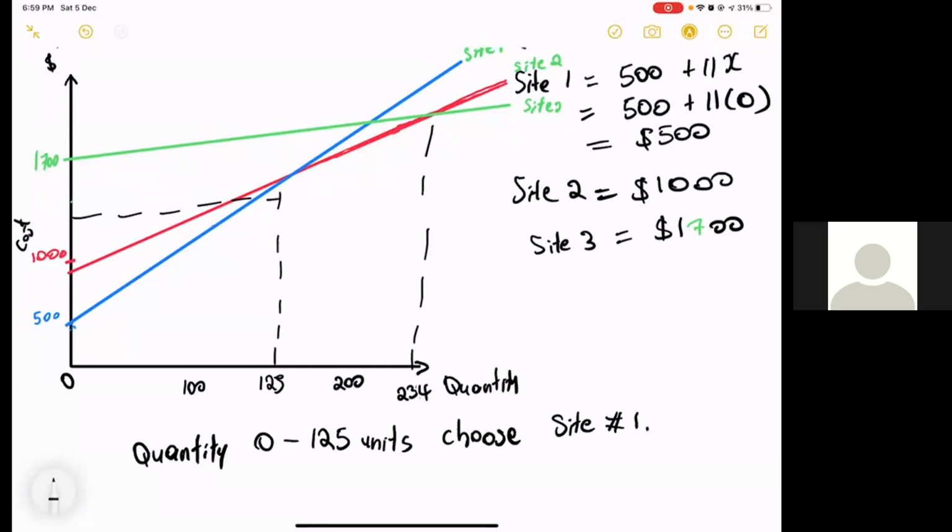And then above 125 to 234 units, you choose site 2.